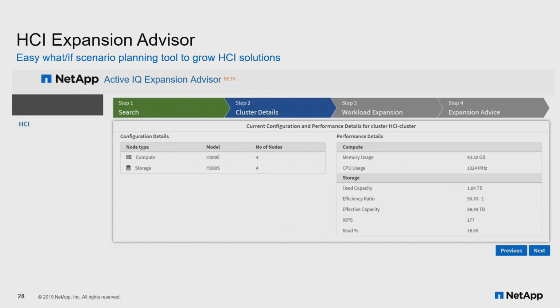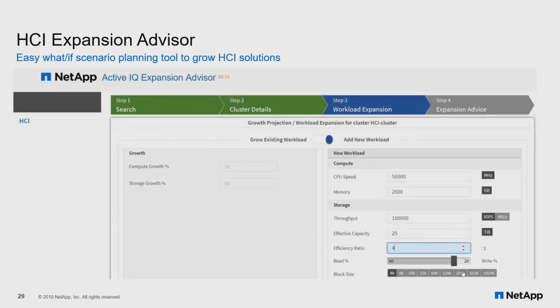So it does have some compute and storage, but she would probably need more. And from Joey, she has the specifications of the workload that she needs to add. As soon as she gets into the second screen of the Expansion Advisor, she has two options. She can either grow an existing workload or add new workloads to this cluster.